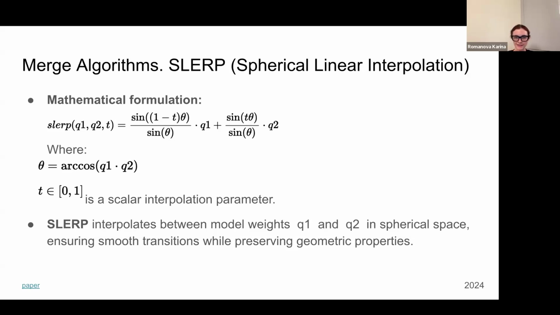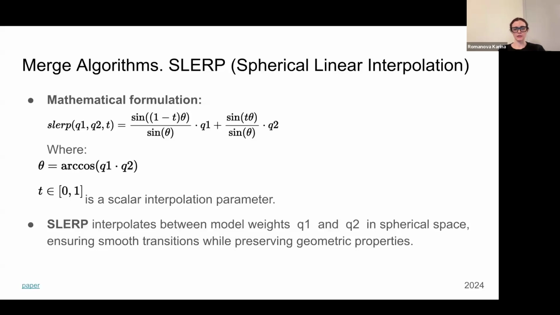Also, SLERP addresses the limitations of LERP by considering the curvature of the parameter space, interpolating along the geodesic of the hypersphere. And SLERP maintains the angular relationships between parameter vectors, resulting in more natural and coherent blending of model behaviors.